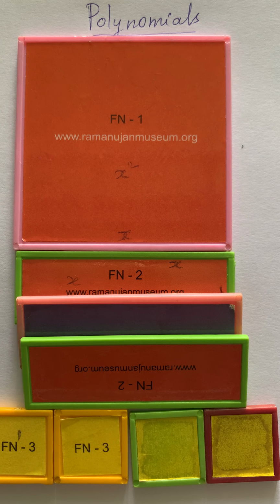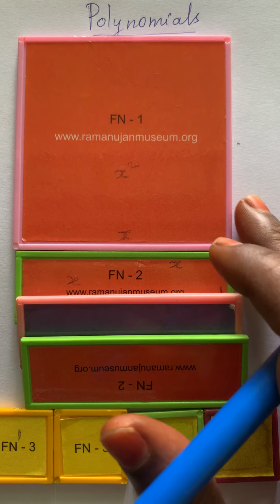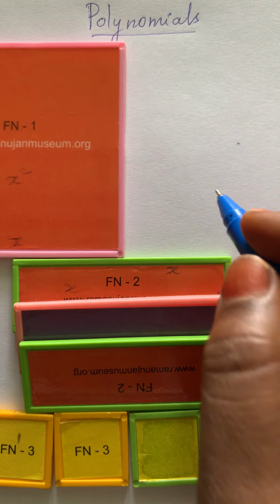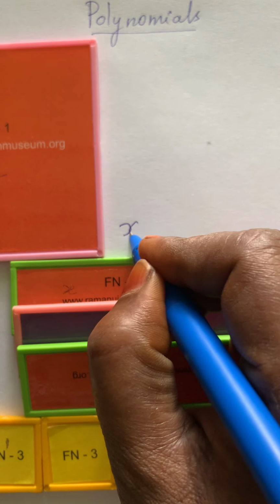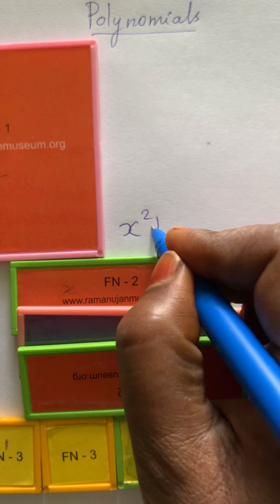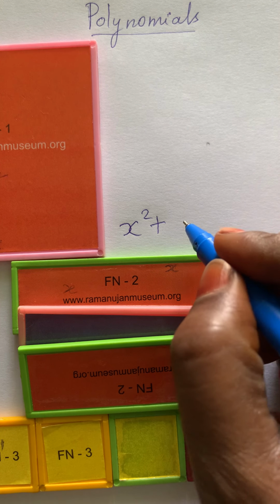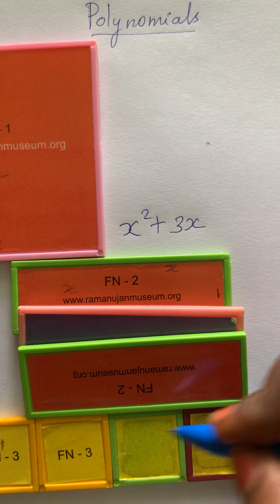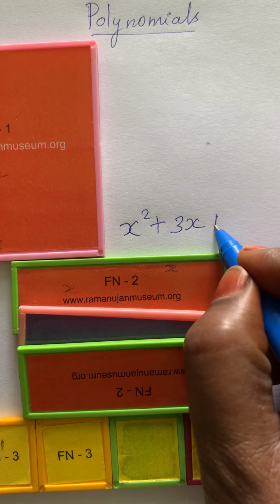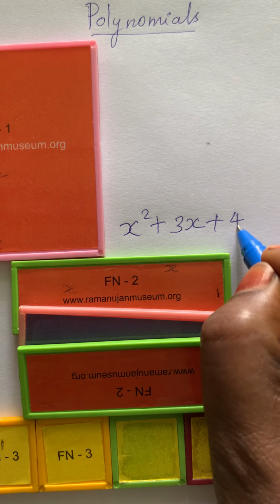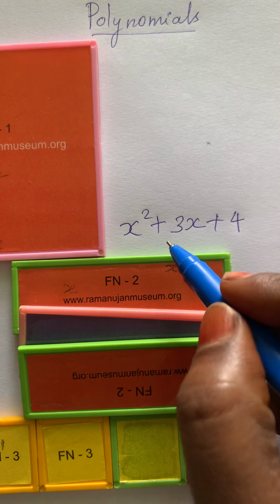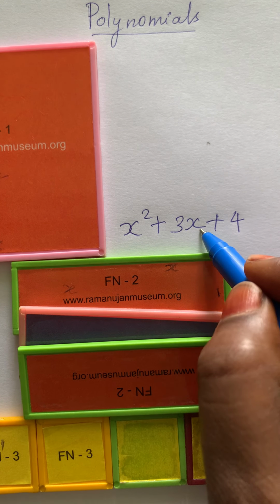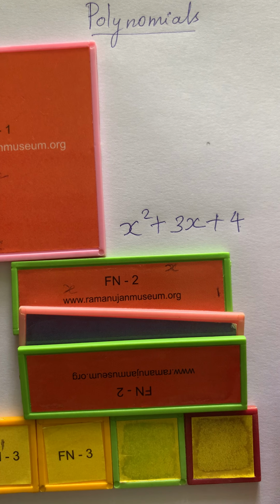Now, can you frame the expression, students? Yes, you are right. So the expression is x square plus 3x. So 3x and how many units? Unit squares is 4. So the expression is x square plus 3x plus 4.